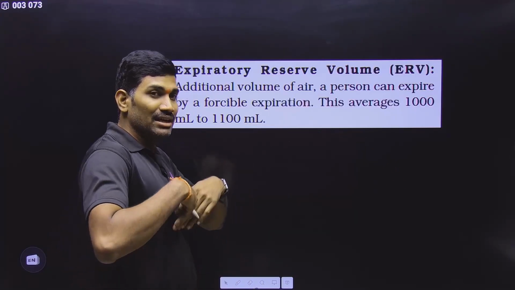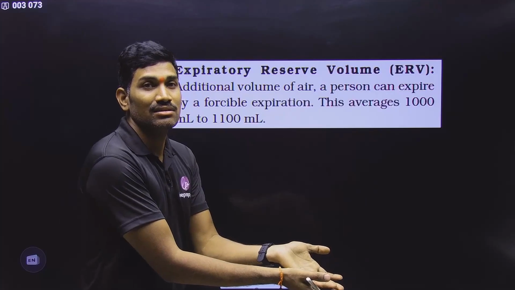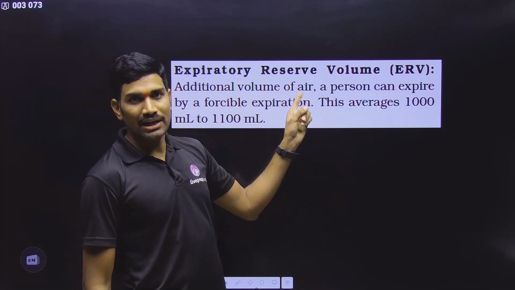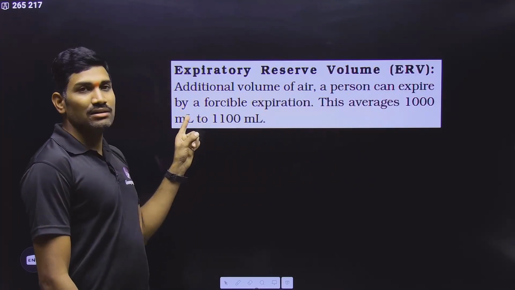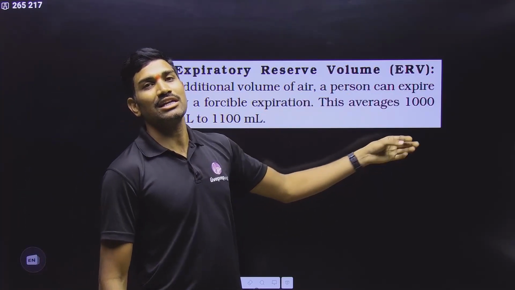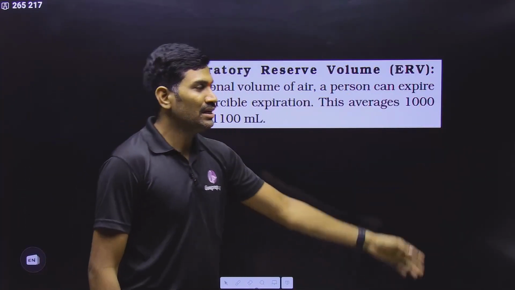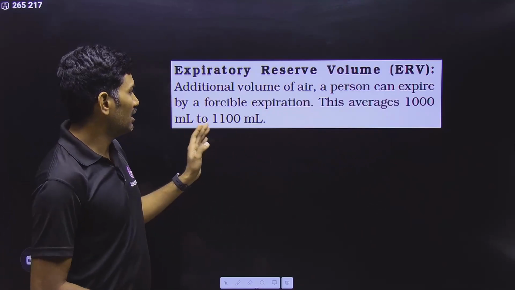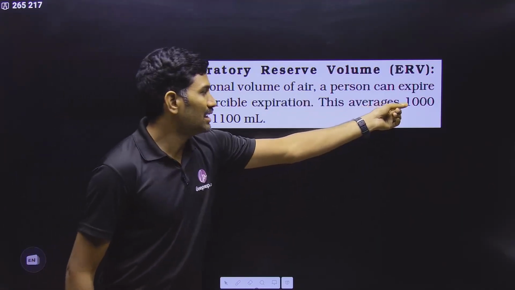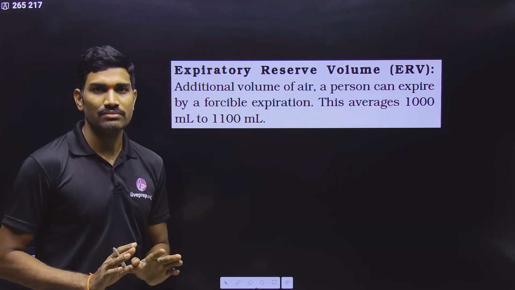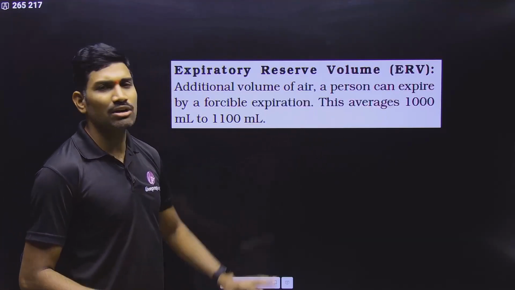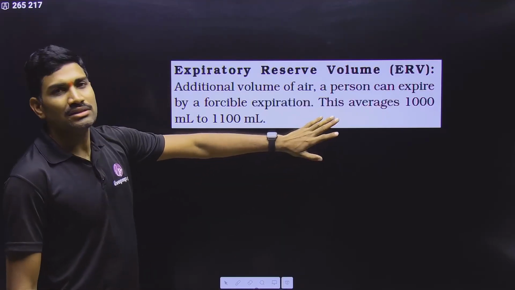Extra volume of air that we can release is called expiratory reserve volume. Additional volume of air a person expires by forceful expiration is called expiratory reserve volume, and its value is in the range of 1000 to 1100 ml. That means 1 liter to 1.1 liter. Understood? This one also we cannot calculate per minute because rarely we are doing this. Clear? These are the inner volumes.